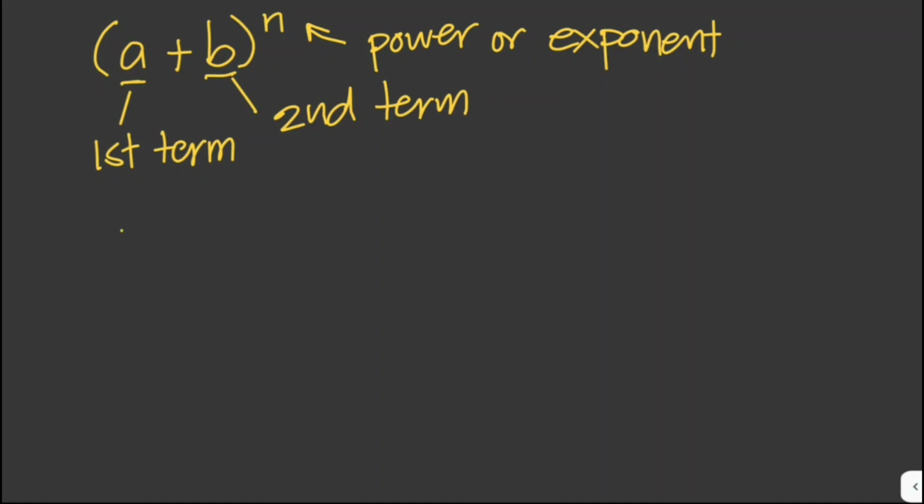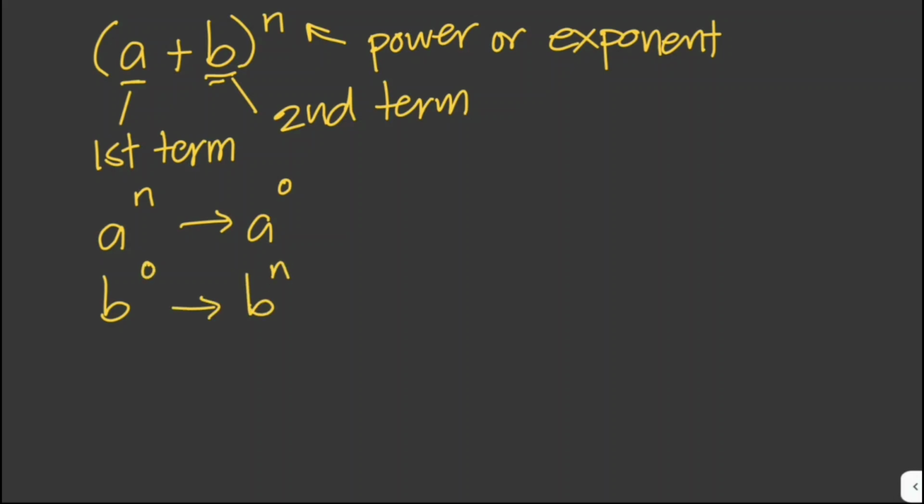The exponent of a would start from n and end in 0, so from a^n to a^0. And for b, the exponent of b will go from 0 to n.